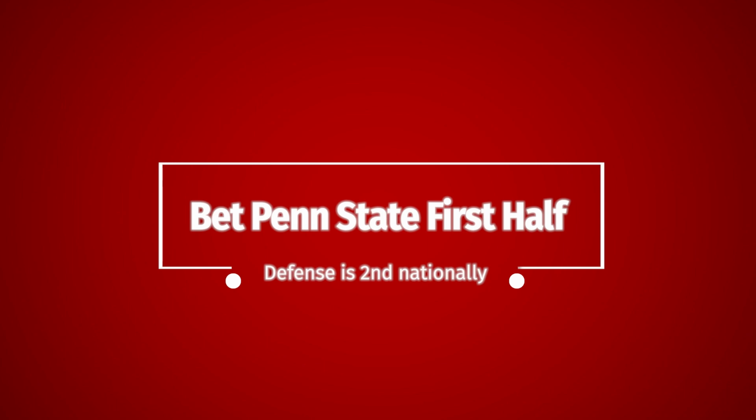Because I do believe that if they get up, say 28-3, 21-0, maybe, I guess it would have to be a little bit more than that. But if they get up 4 or more scores, I think you'll see Coach Franklin take the starters out, and most notably Clifford with his injury. That is if he plays.